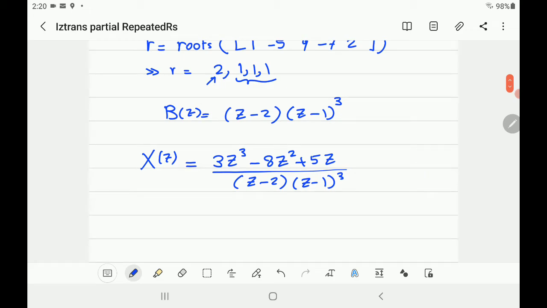Before I do the partial fraction, we have to divide x of z by z. So x of z over z will be equal, divide the top part, the polynomial a of z, by z. So you have 3z squared minus 8z plus 5.